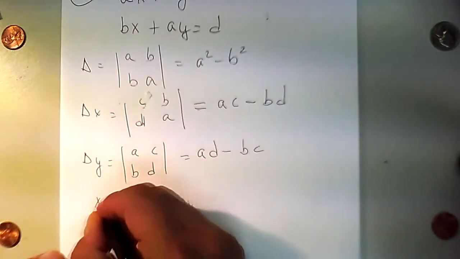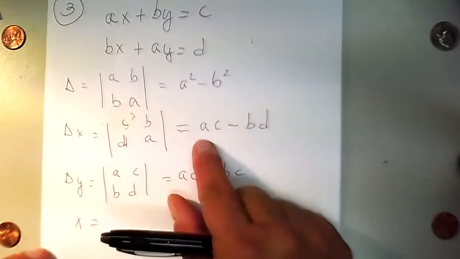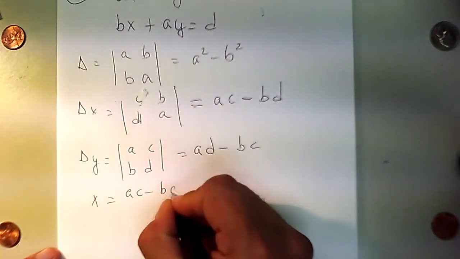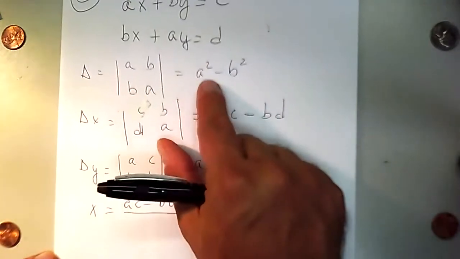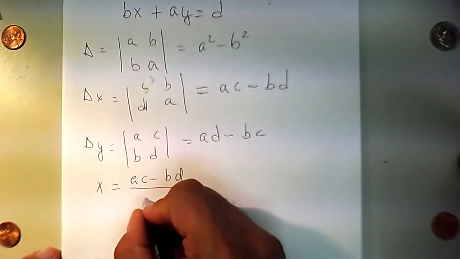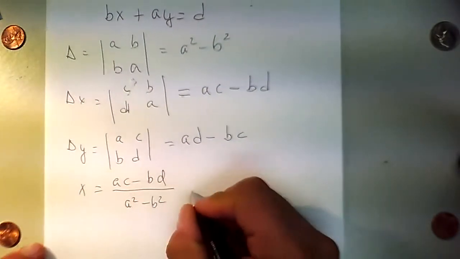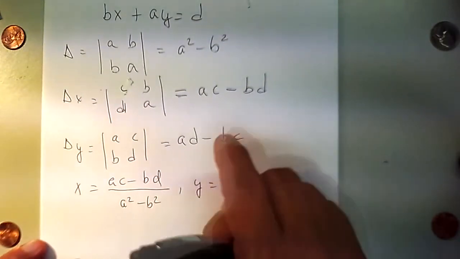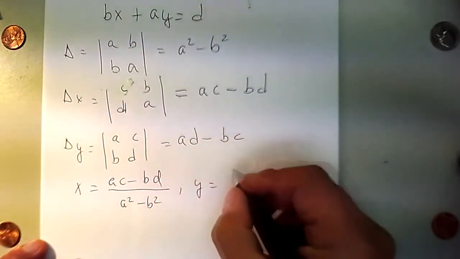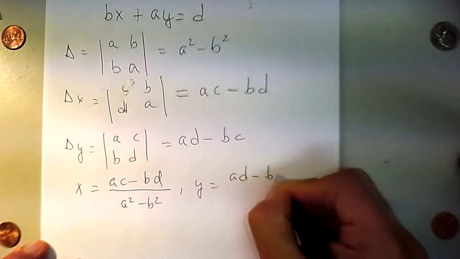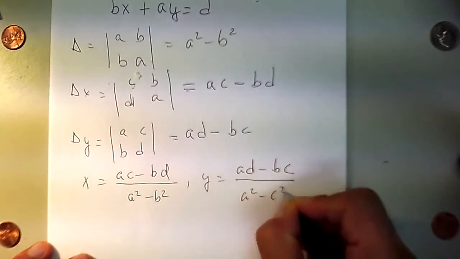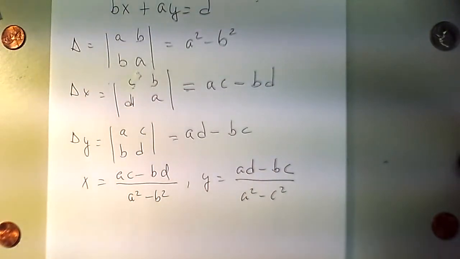And voila, there's the answer. x has to be ac minus bd over a squared minus b squared, and y has to be ad minus bc over a squared minus b squared. Yep. So it's very straightforward.